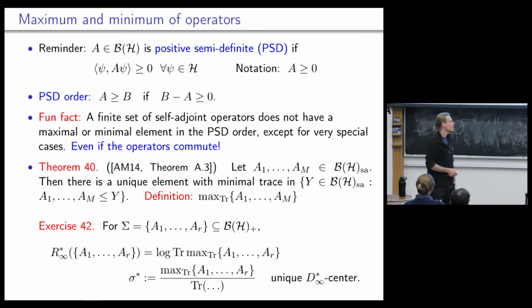And another exercise connecting it back to the information measures is that if you normalize this maximal element, you divide it by the trace, then you will actually get this unique D-infinity center. This is the divergence center of this set of operators if they are all positive semi-definite. And the logarithm of the trace of this maximal element will be the divergence radius. So here we connect back to this abstract concept that we have introduced before.